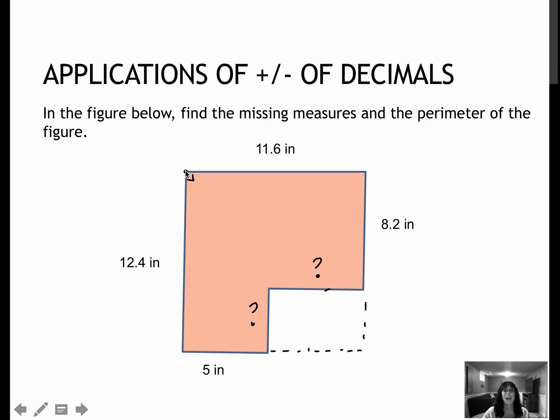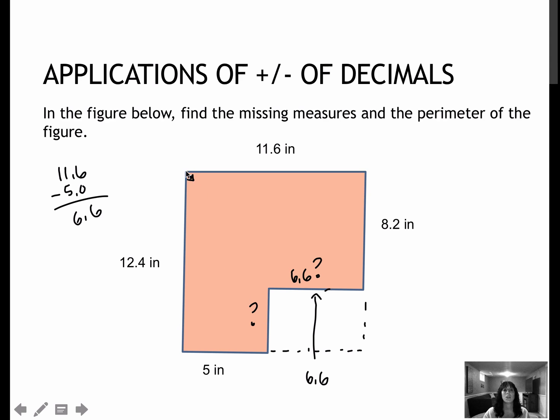So if the entire length is 11.6, then that means this entire length is 11.6. So if I take 11.6 and I subtract 5 from that, I end up with 6.6, which is what this distance would have been, which means that's what this distance is, 6.6.